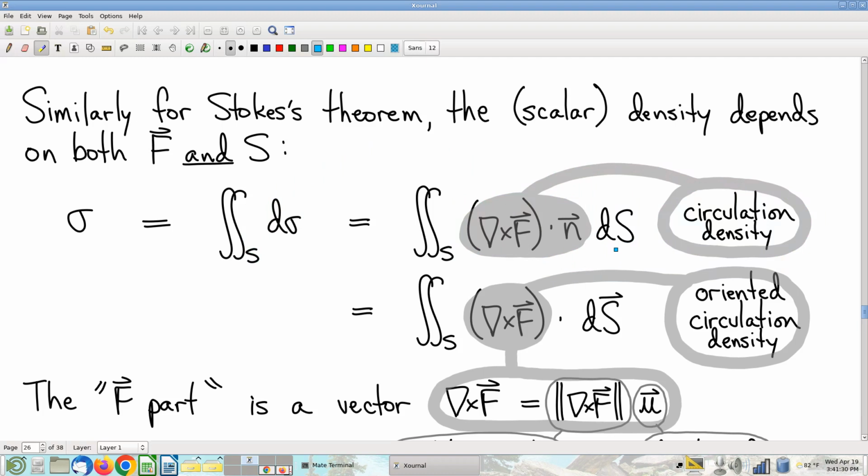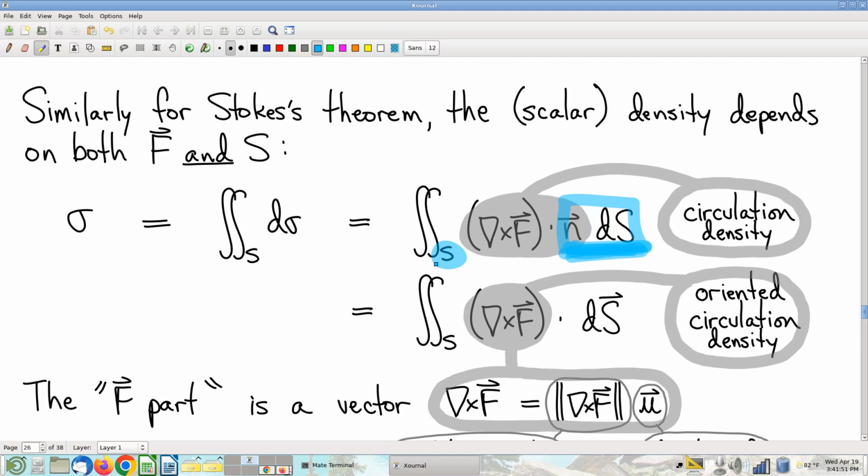Well, think of it this way, these things really ought to be grouped together anyway. Right? After all, both of these are telling me about a little piece of surface. ds is telling me the size of whatever little piece of surface I'm looking at, and the n vector is telling me about the orientation.